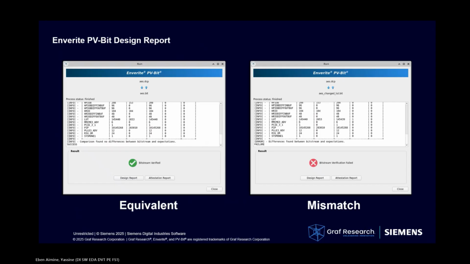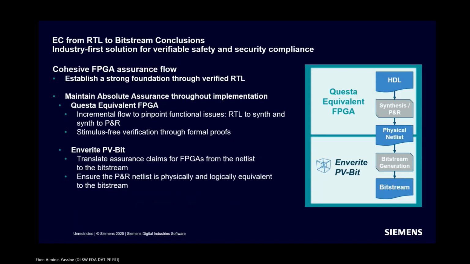That depends on the machine and the compute power that you've got. It may actually take just as long. So I presented how you can leverage equivalence checking from RTL all the way down to bitstream. We believe this provides a unique solution, particularly in partnership with NVRT FPGA.